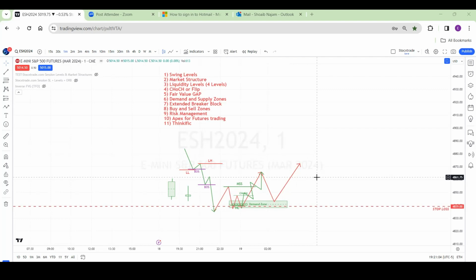Okay, if you open the system either in the morning or in the afternoon, you need to see the high time frame. High time frame for day trading is usually 15 minutes, 30 minutes, but I always see the 4 hour chart, because until the market breaks the low of the 4 hour, it will not go in the opposite direction.